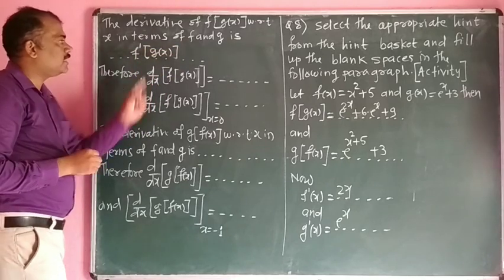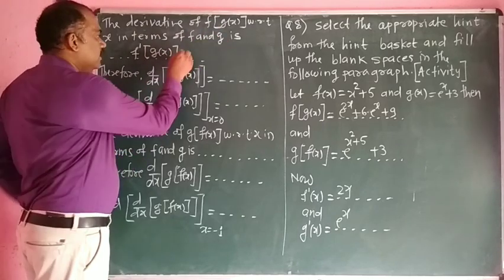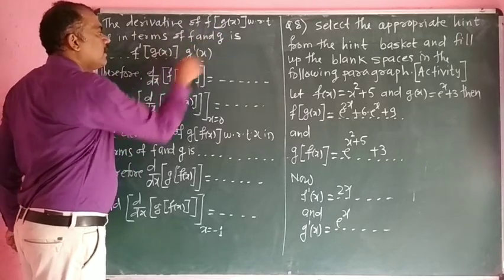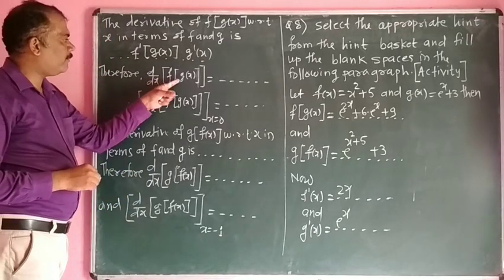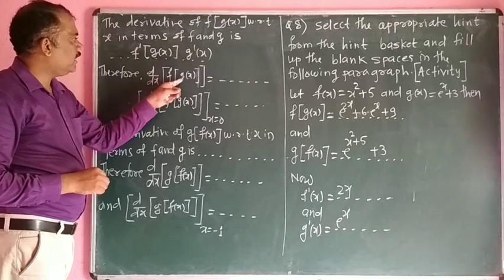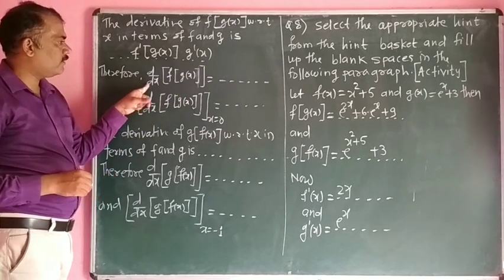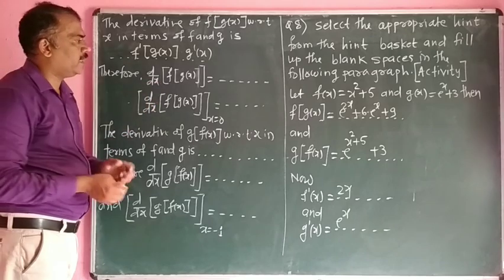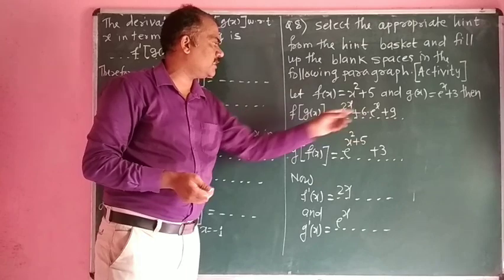Then we differentiate g of x, that is g dash of x. Therefore, d dx of f of g of x is nothing but f dash of g of x times g dash of x. It means that we have to differentiate this one.